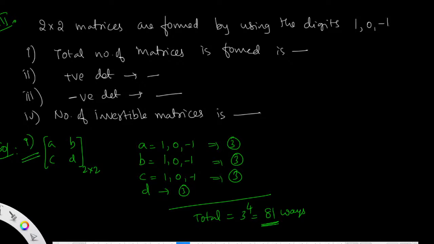Similarly second one. Second one means the number of positive determinant values. The positive determinant value means AD minus BC must be positive.